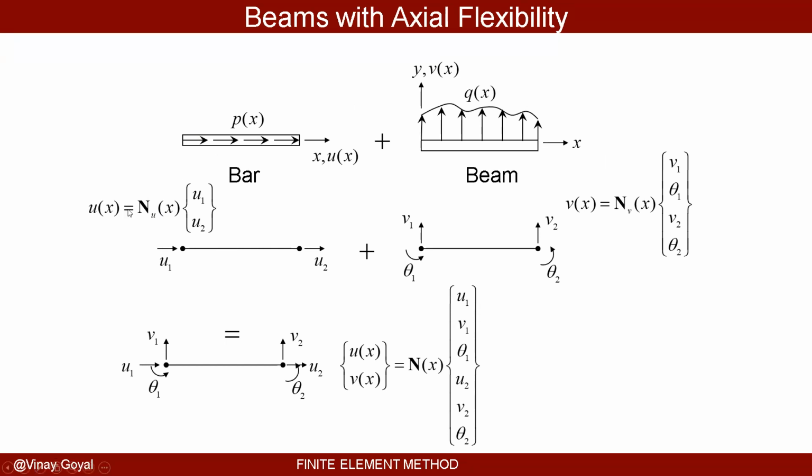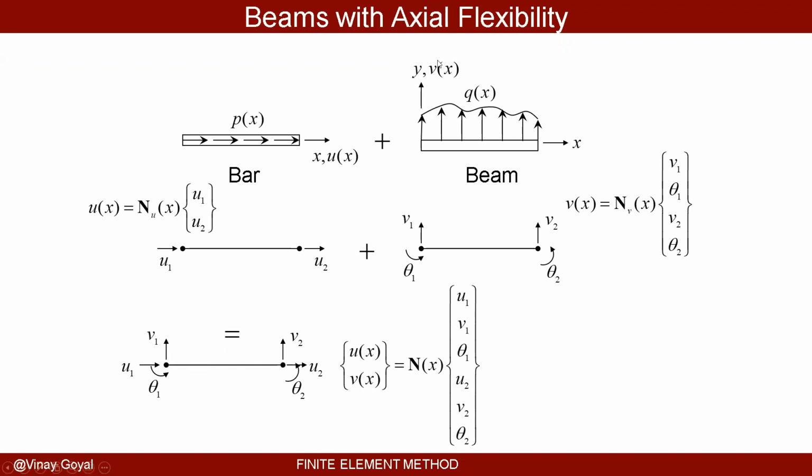So as a consequence, I can construct an element that has this slope, this axial deflection, this transverse deflection. So I have now 3 unknowns per node. And I can write the equations in such a manner that they represent the full behavior of the structure.